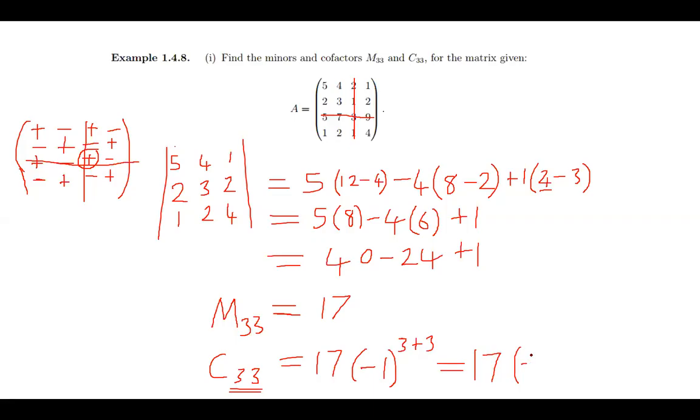Then this -1 raised to power 6 will be +1. Then +1 times 17, you still get the same 17. So you choose which one is going to be easier for you. You can either use this method that I've shown you here, or just draw this matrix of cofactors, and then you apply it, you still get the answer correct.